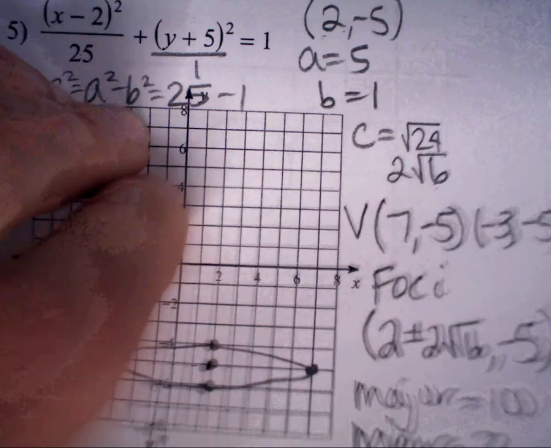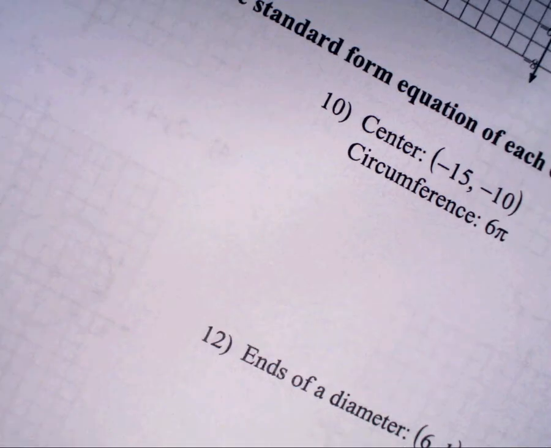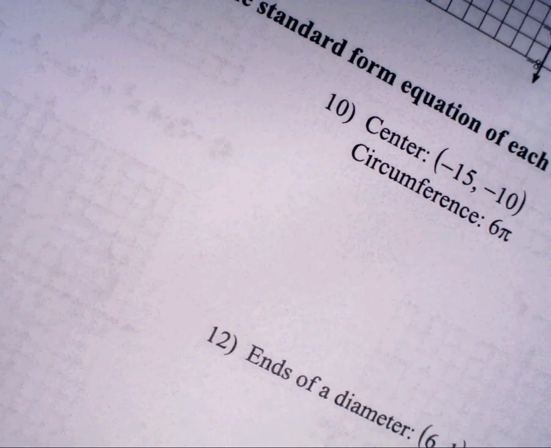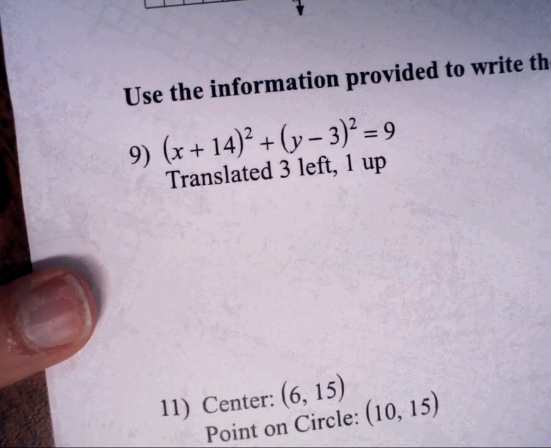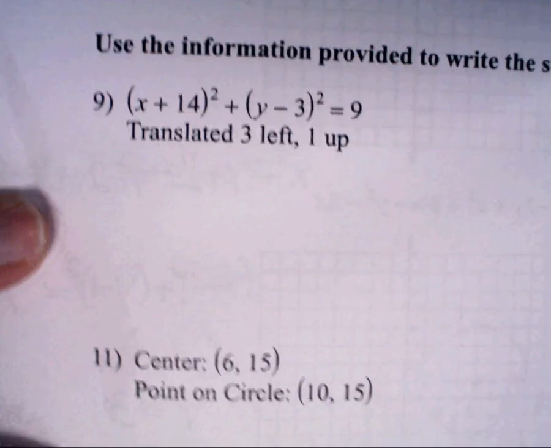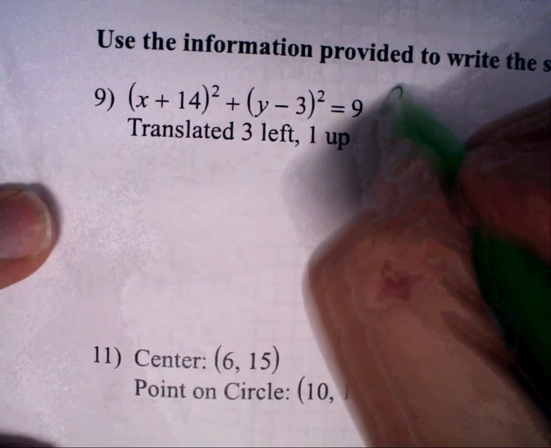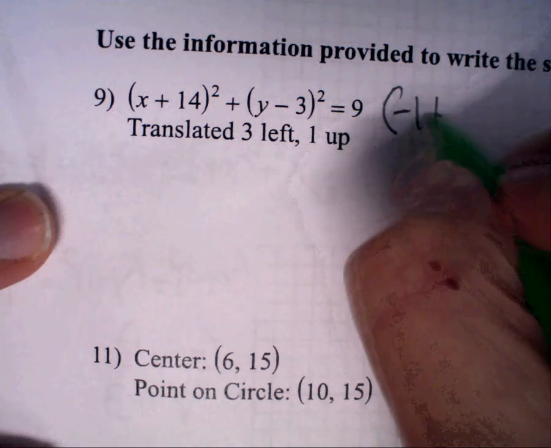Alright, so let's look at one. Let's do more difficult ones. Let's jump to number 9. So I like 9, because I know I saw people miss this already on the assignment. So this center is at negative 14, 3.